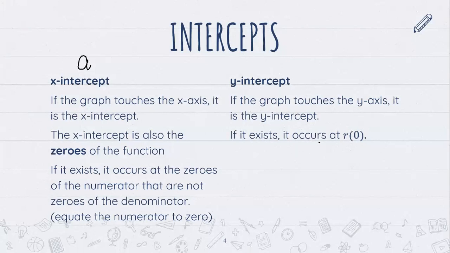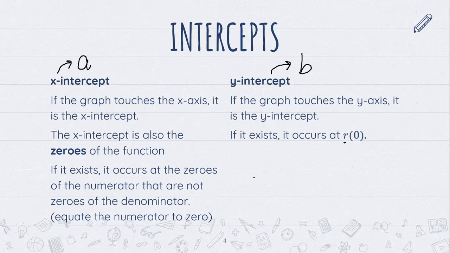Kaya nga, it occurs at r of 0. R means it is a rational function, and then 0, ibig sabihin, lahat ng x magiging 0. So, substitute x with 0. And si y-intercept is denoted by letter b naman. So, ibig sabihin si x-intercept ay a, y-intercept ay b. Bakit, sir?